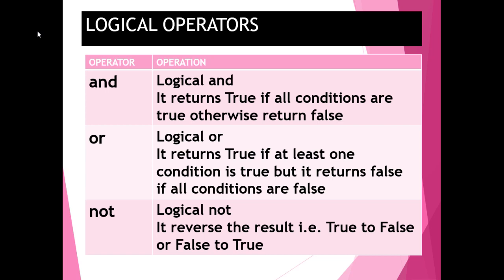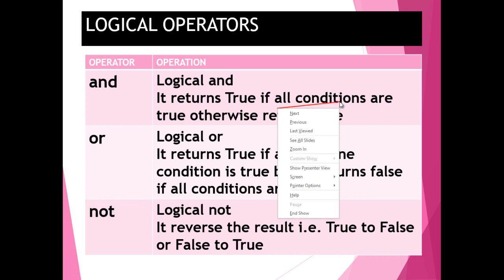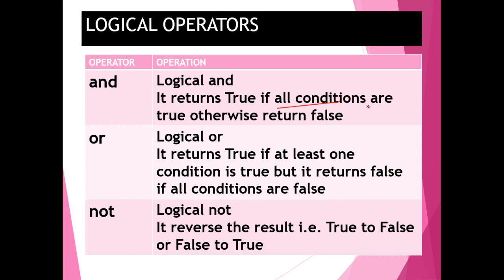So when we put AND in between multiple conditions, what will happen? In case of AND, your result will be true only if all the conditions are true. If you put the AND operator between two conditions, you get true only when all the conditions are true.